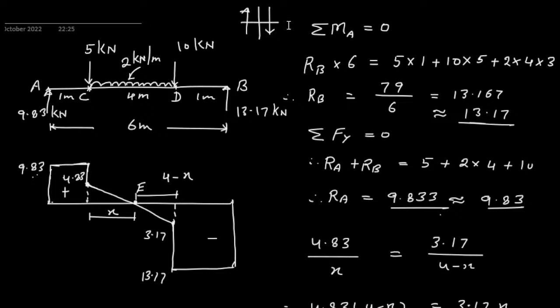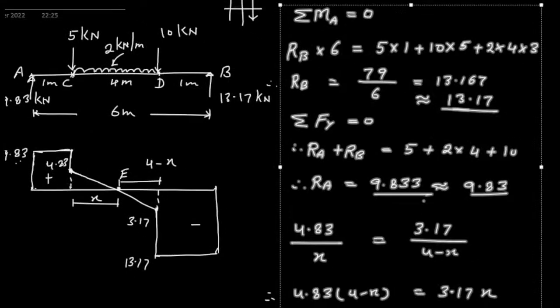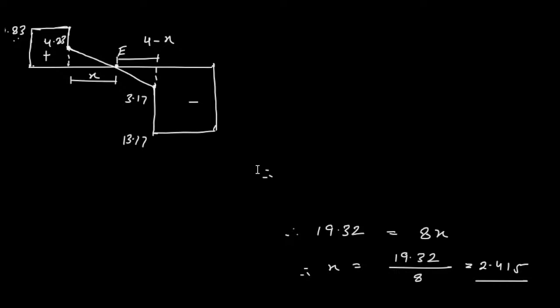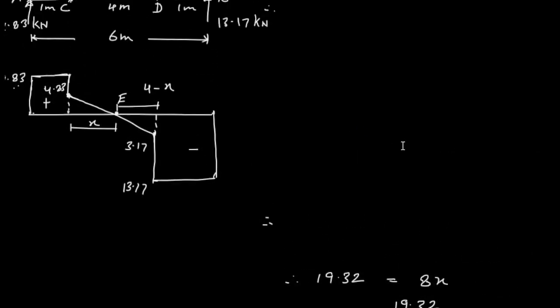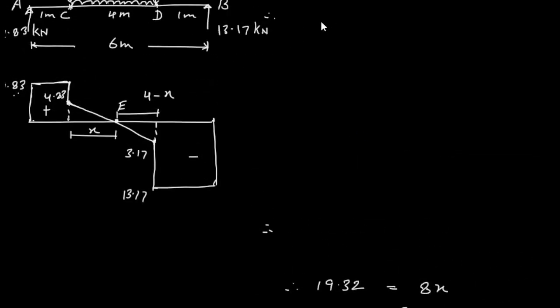Now I will rub out all these values so that I can perform my bending moment calculation. Now this value x, I will write here. The value of x we got is 2.415.